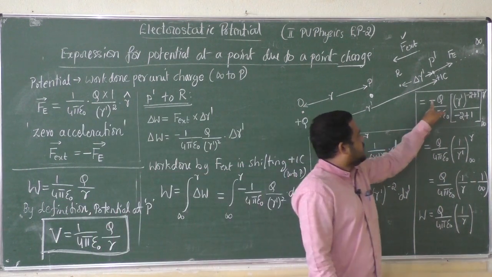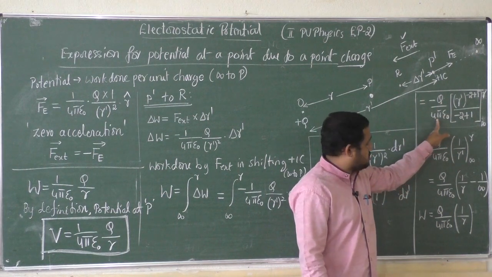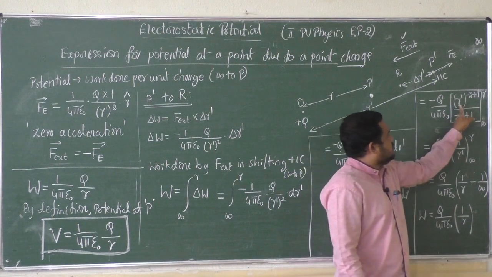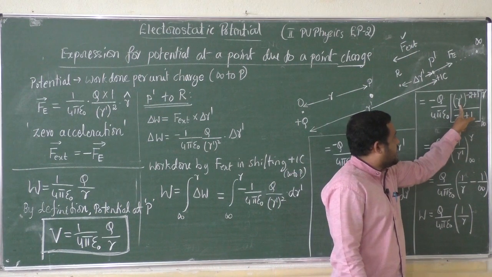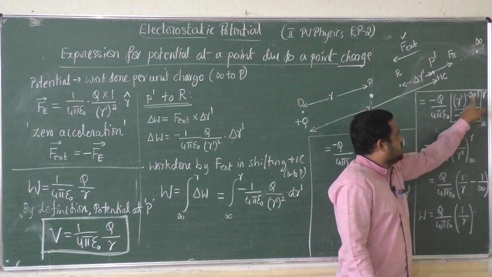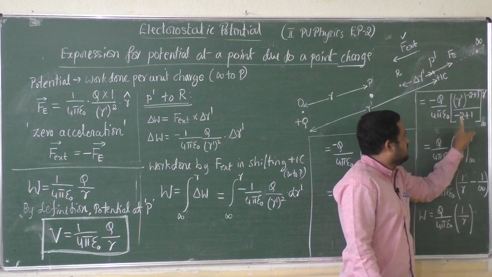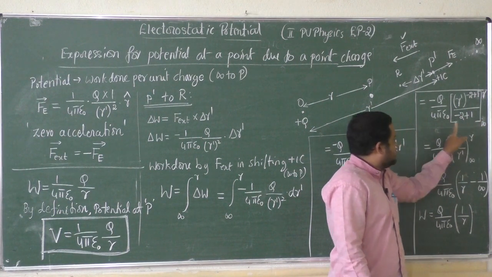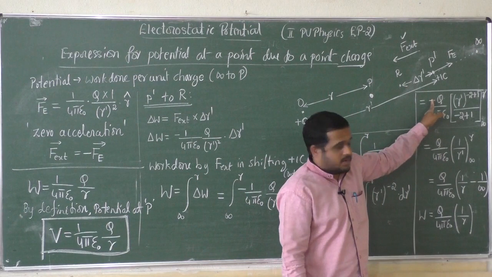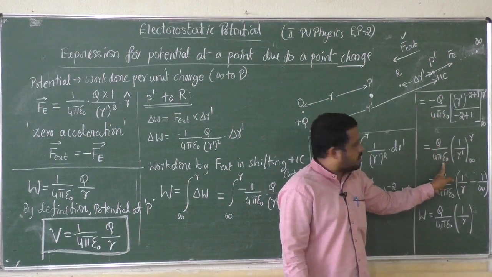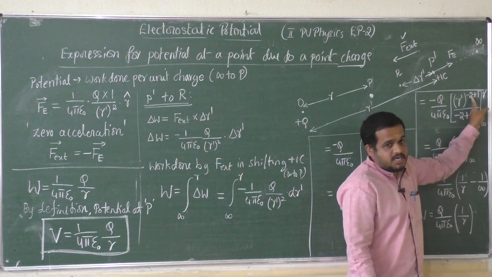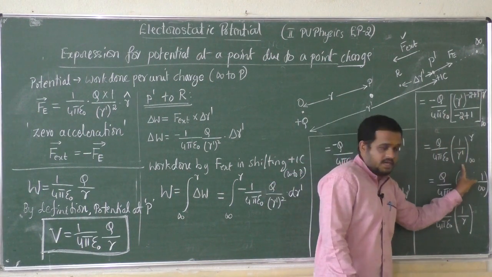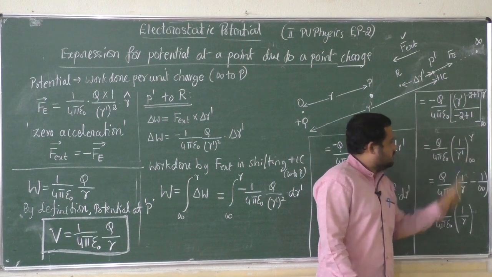So minus q divided by 4 pi epsilon naught, the constant term, and in place of x we have r dash to the power n plus 1, where n is minus 2, plus 1, divided by n plus 1. Minus 2 plus 1 is minus 1, so this minus cancels with this minus, giving q divided by 4 pi epsilon naught, r dash to the power minus 2 plus 1, which means r dash to the power minus 1, which can be written as 1 by r dash. So 1 over r dash.